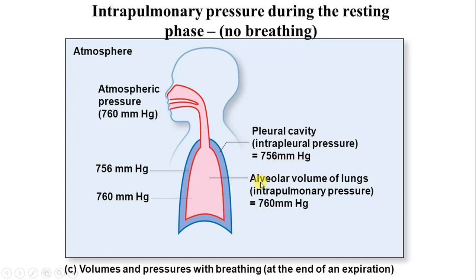It is this pressure difference that keeps the lung expanded even if you are not breathing. There is no breathing, but the lungs remain expanded because of this pressure difference. The low pressure in the pleural cavity, the 4 millimeter difference, keeps the lungs expanded, not allowing them to recoil.